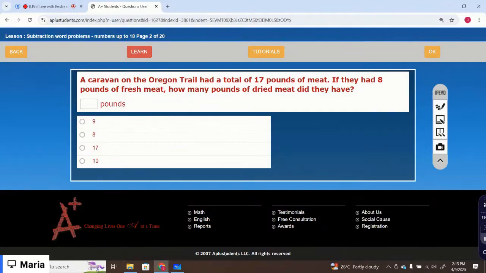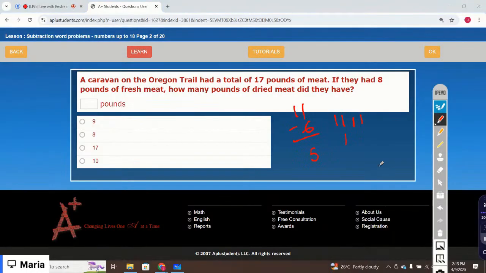A caravan on the Oregon Trail had a total of 17 pounds of meat. If they had 8 pounds of fresh meat, how many pounds of dried meat do they have? So they have a total of 17 pounds and 8 pounds is fresh meat. So you need to count 17 take away 8.